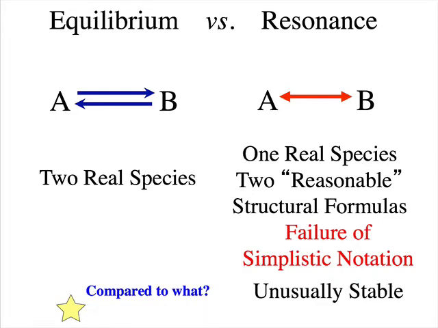When we say some molecule that has resonance structures is unusually stable, compared to what? Well, compared to a molecule that doesn't have resonance structures. Anytime we talk about a property like stability or reactivity, always ask yourself, what are we comparing it to? In what context are we saying something is stable?